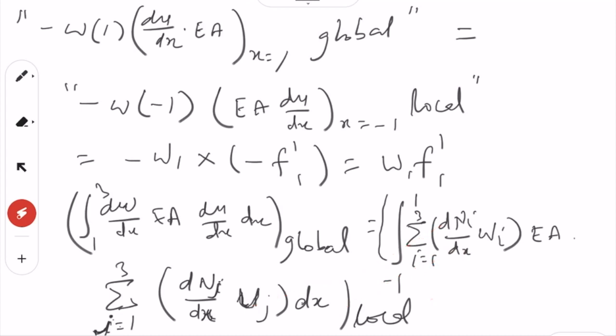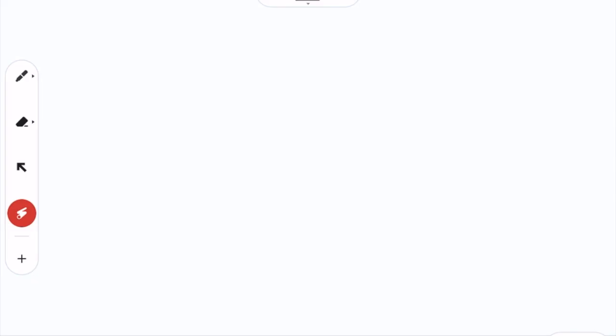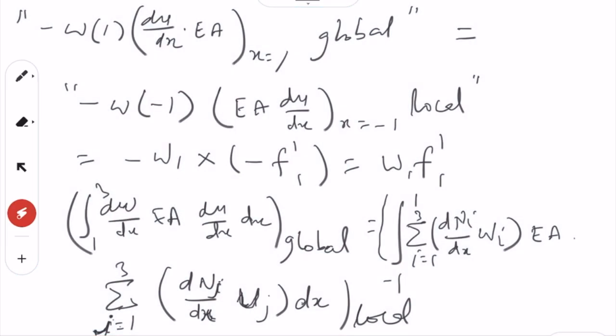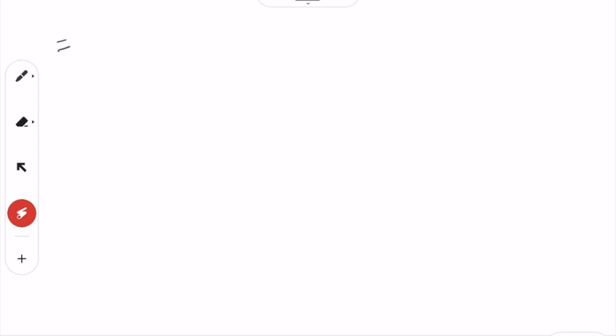So this will be equal to, we can now write this, we call it the B matrix, you remember. So we had dx, and this one we can write like this, equal to, we can take out W1, W2, W3, and what we will get here is something like this, W1, W2, W3.